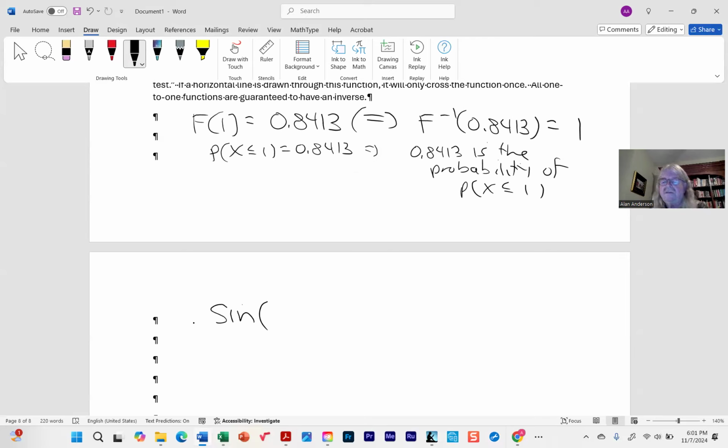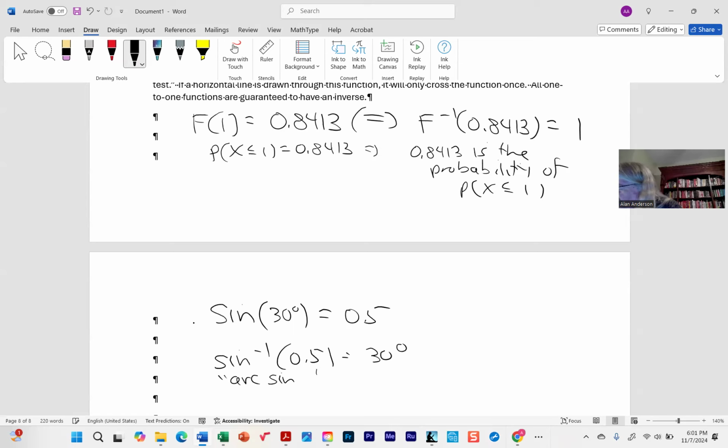Let's say you're told that the sine of 60. Oh, no, let's try 30. You might recall the arc sine function simply reverses this. So you can see it's a similar idea to the arc sine function. It's an inverse, and they're taking you in two different directions.